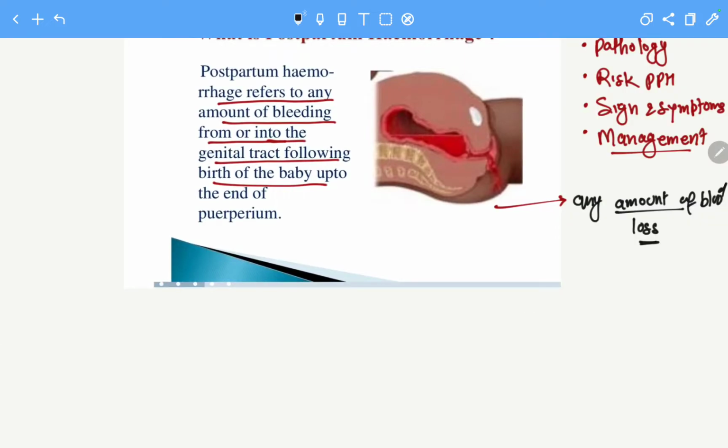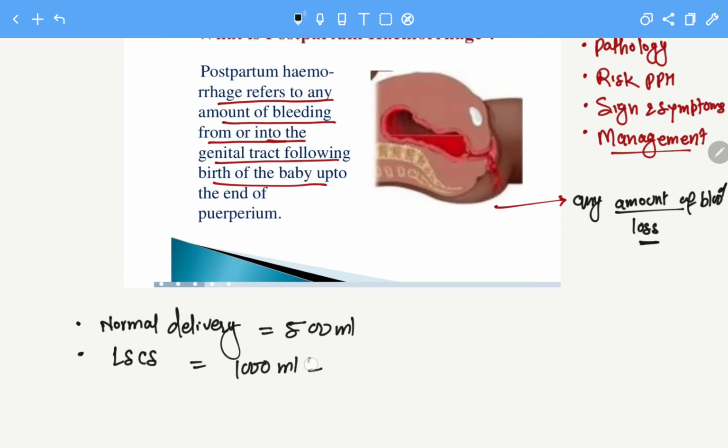So what is the amount of blood loss in case of normal delivery? In case of normal delivery, there is up to 500 ml of blood loss, right? In case of LSCS, the blood loss can be up to 1000 ml, that is about 1 liter, okay?